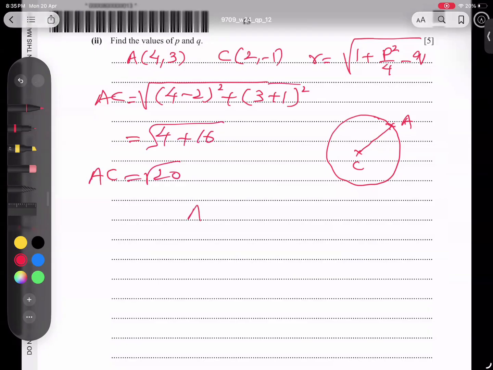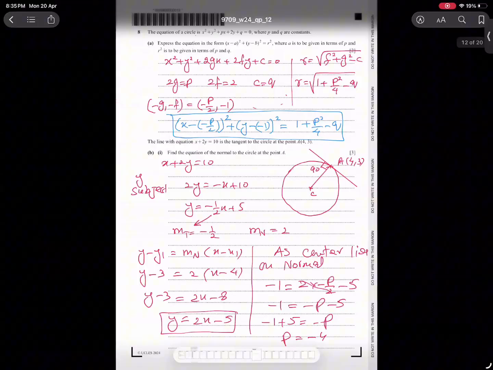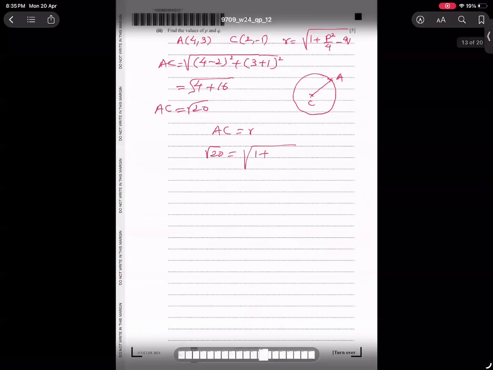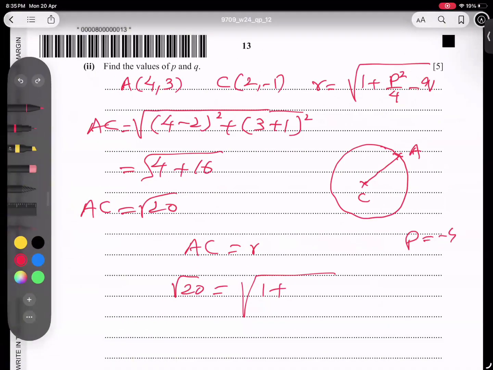So as AC is equal to the radius, root 20 is equal to the root of 1 plus, okay, the p value we have from the previous page. Check it, the p value is -4. So I'm using -4 here. When I put -4 here, I got 16 by 4, which is 4. Let me check again, 16 by 4, 4.